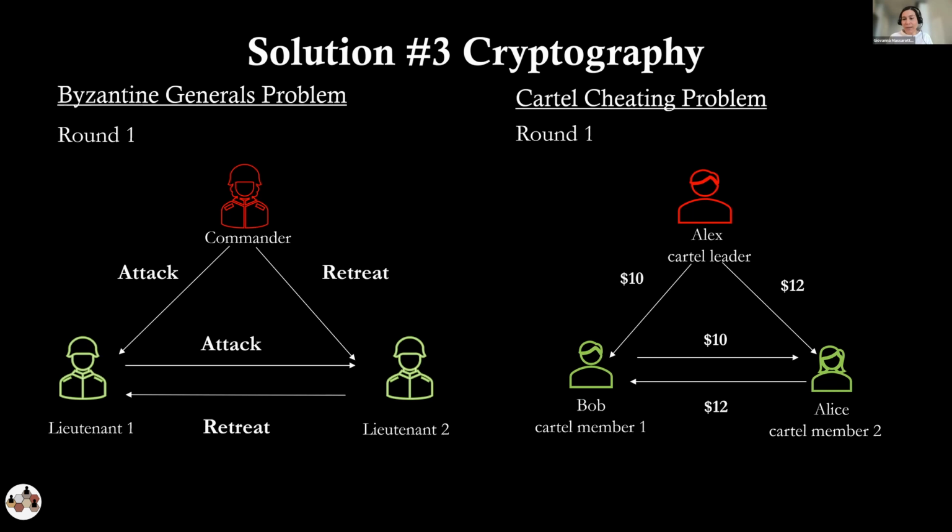So Lieutenant 1 can see that the commander is sending an attack and a retreat message. So it's sending different messages to the two lieutenants. So it can figure out that the commander is a traitor, and the loyal generals can isolate the traitor and reach an agreement. This is why cryptography is helpful to solve the Byzantine Generals Problem.